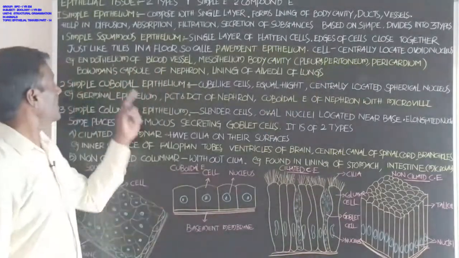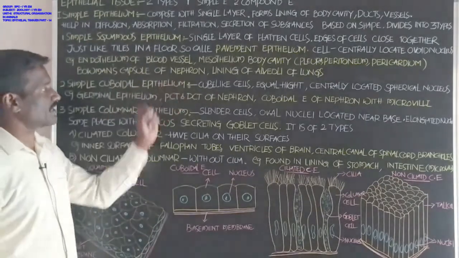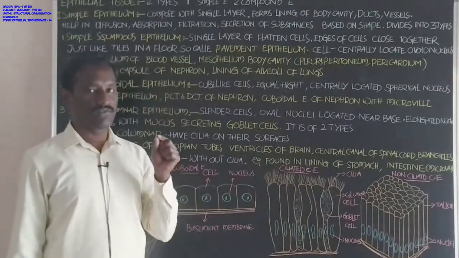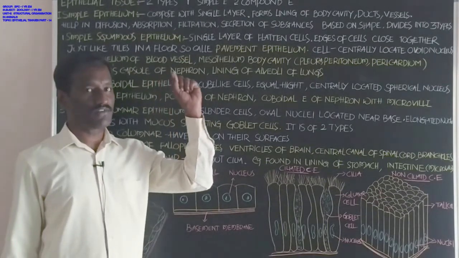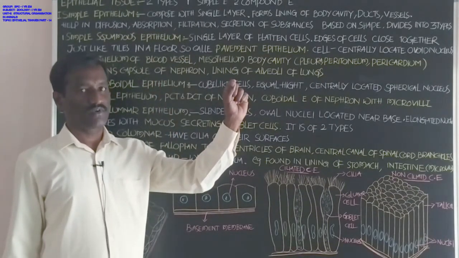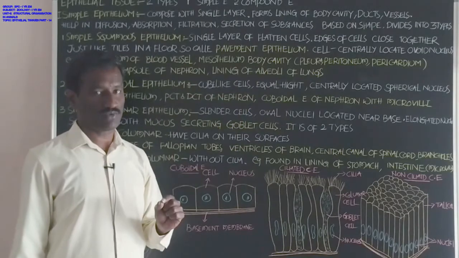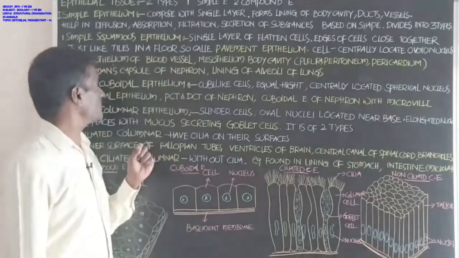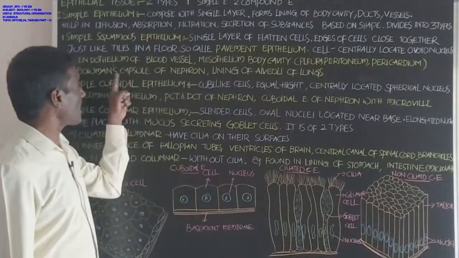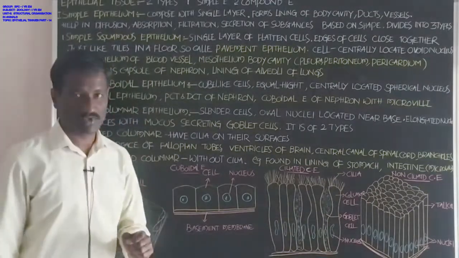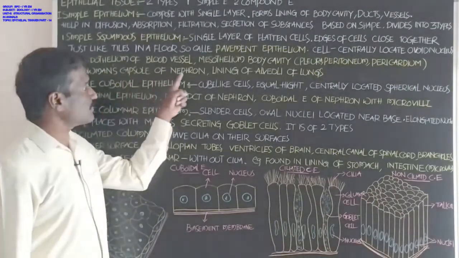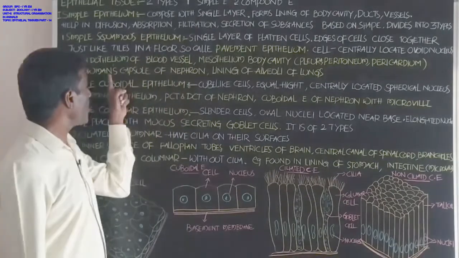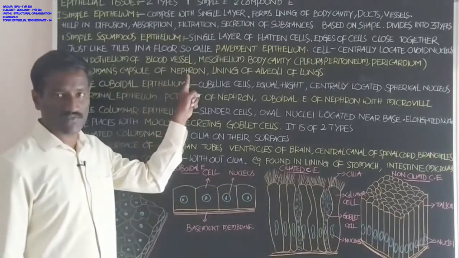Next, Bowman's capsule of the nephron. If you observe the structure of the nephron, it has the Malpighian corpuscle and the renal tubule. The Malpighian corpuscle is also called Bowman's capsule, which is part of the nephron.